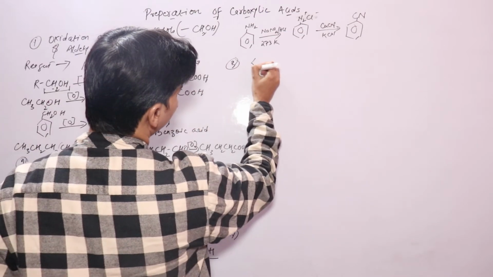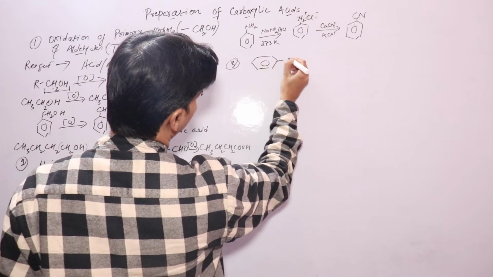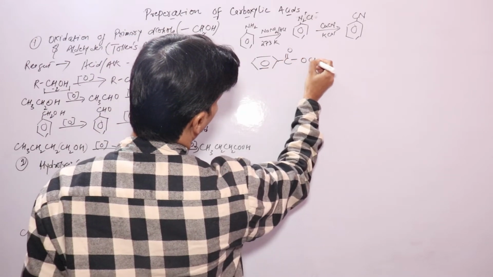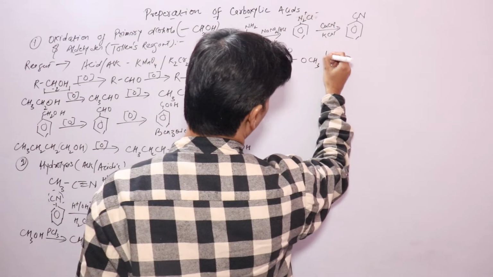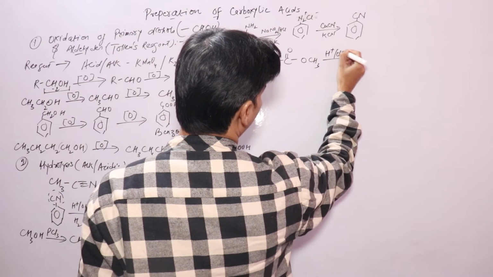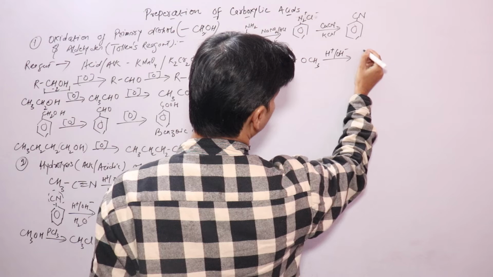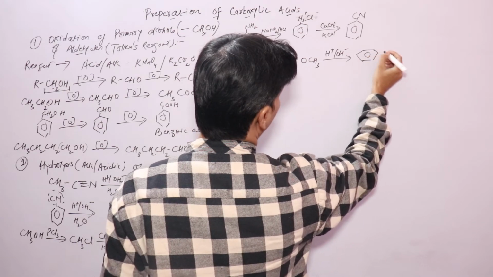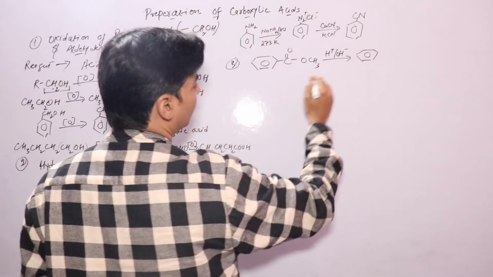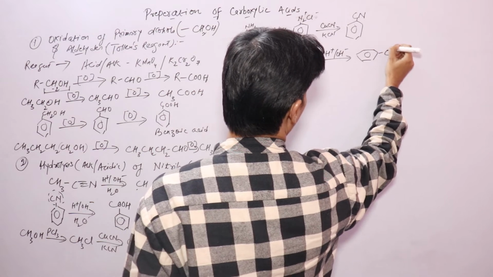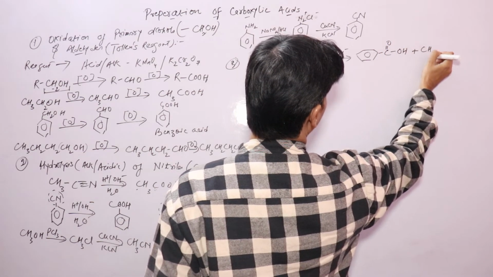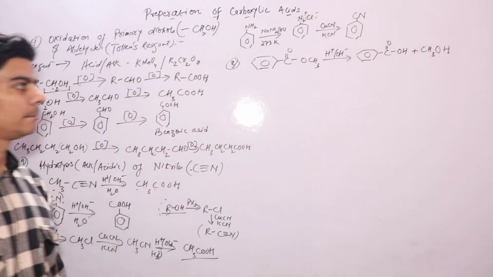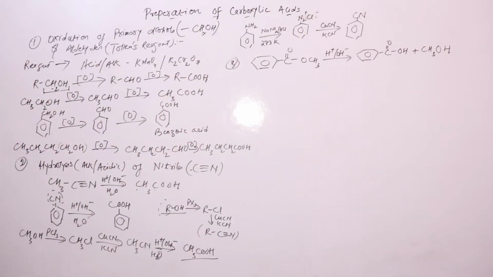Let's first this time look at preparation of aromatic carboxylic acid. It will undergo hydrolysis to give you COOH plus CH3OH. This is your benzoic acid and your methanol.